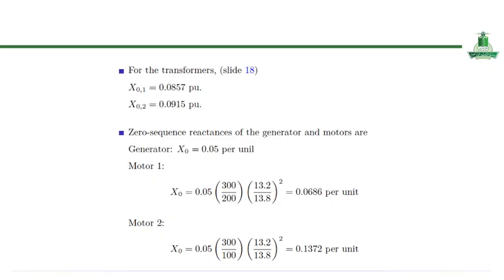Similarly, for motor 2, applying the same conversion approach but with a different power rating leads to a higher value. So we will have this value. Overall, this slide demonstrates how zero sequence reactances are either given or properly converted to a unified base, ensuring consistency for subsequent system analysis such as fault calculations.